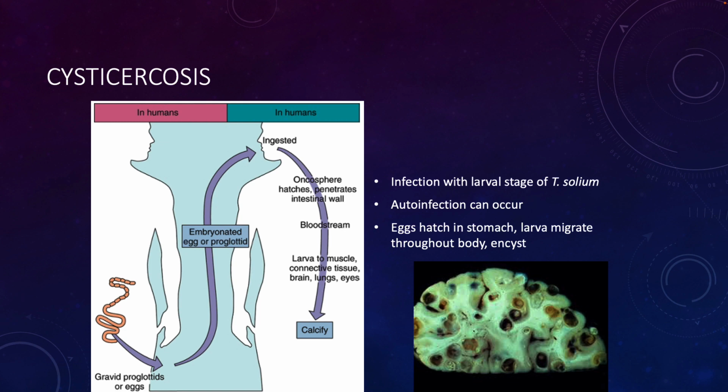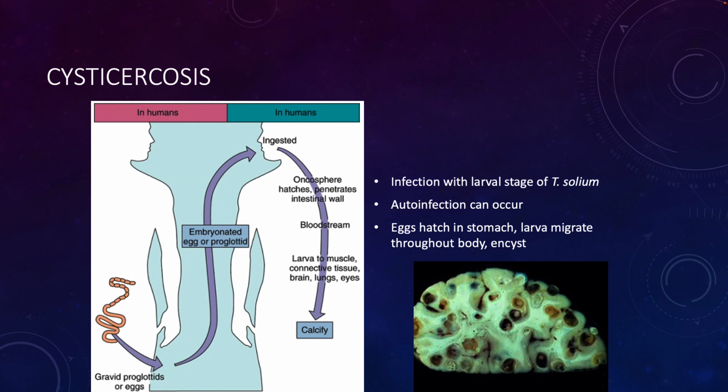So yucky, but that's what happens. Now, what's dangerous is if a patient consumes the embryonated egg or a proglottid, the larvae will then burrow and try to form cysts just like they do in the pig.